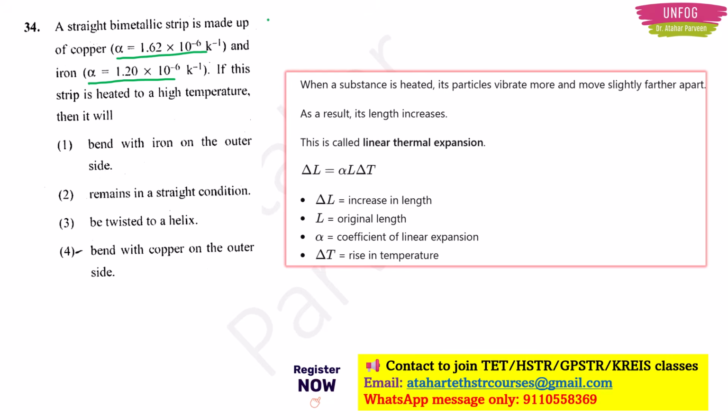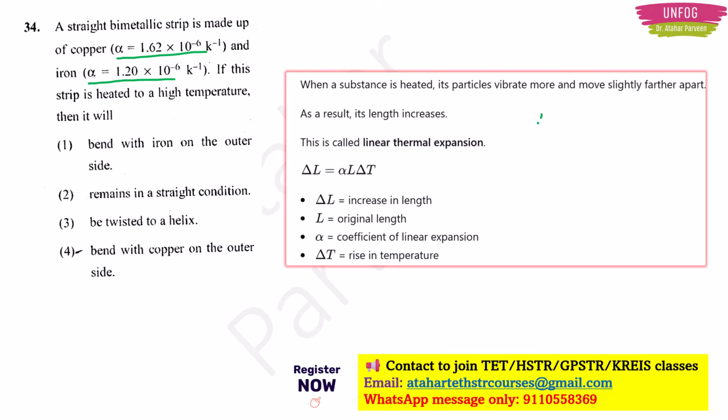It is actually when you heat a substance, the particles in that substance will vibrate more, and because of that vibration those particles will move very slightly apart. Because of that, the length of that particular object which you have heated will increase. This property we call linear thermal expansion.